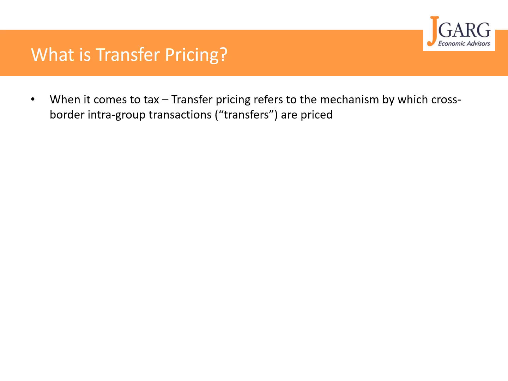And many countries do have domestic transfer pricing also. When there is domestic transfer pricing, not only cross-border intra-group transactions but also domestic transactions are covered within the ambit of the transfer pricing provisions.